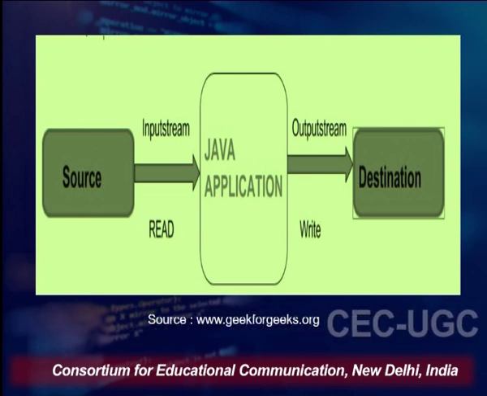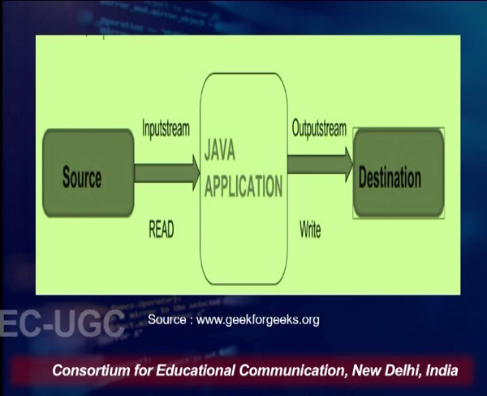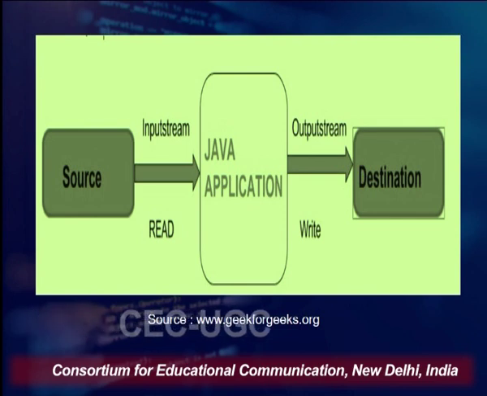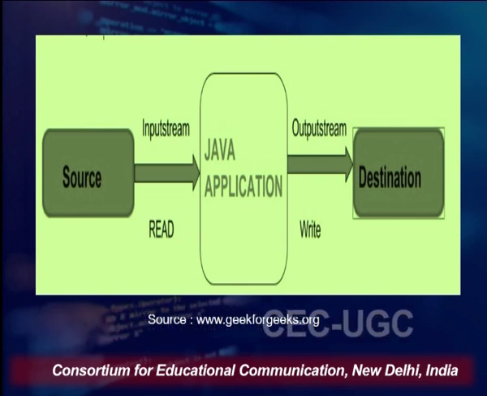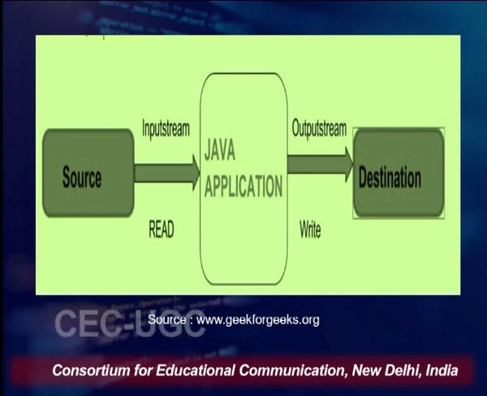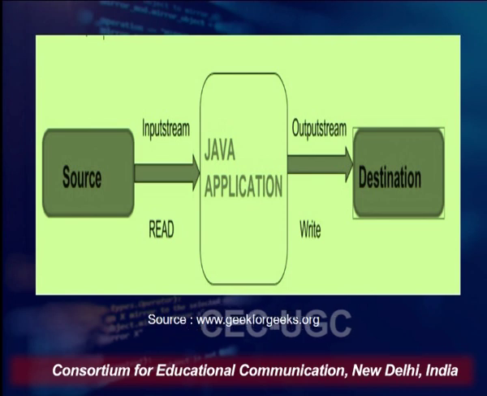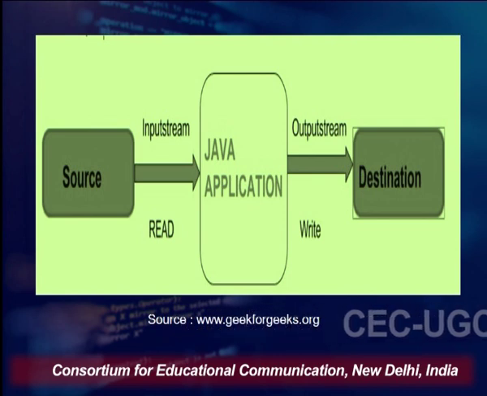That something is actually taken in the form of an input stream given to the Java application, and after getting processed by that Java application, that output is actually written onto the destination in the form of an output stream. So, what could be the source and destination in this?